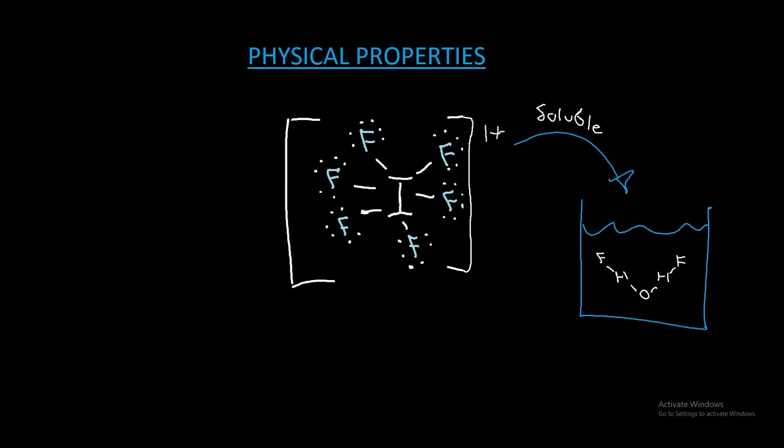Lastly, one very important physical property that IF6 1+ has is that it is soluble in water. This is because hydrogen bonds love forming bonds with H and N, H and O, and H and F. And conveniently enough, IF6 has a lot of F's, so it is very soluble within water.